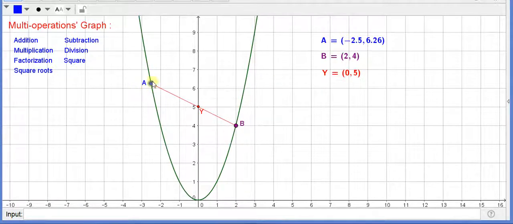If you draw a bigger graph, we can have bigger values and we can take bigger numbers for the operations.